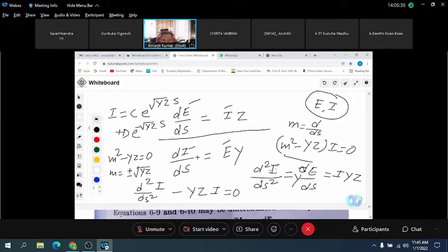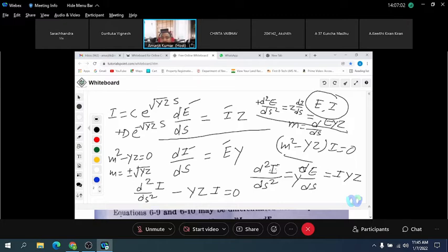Now you have to differentiate this first equation again. So d square E by ds square is equal to Z dI by ds, and dI by ds is E into Y. So basically E into YZ.